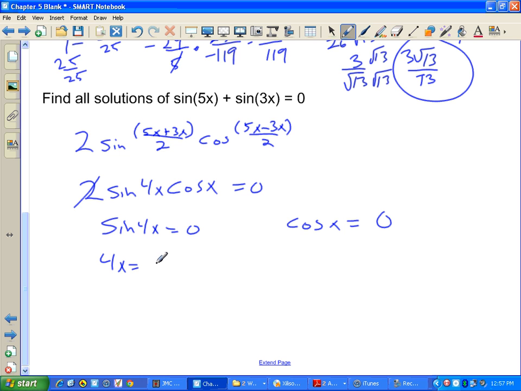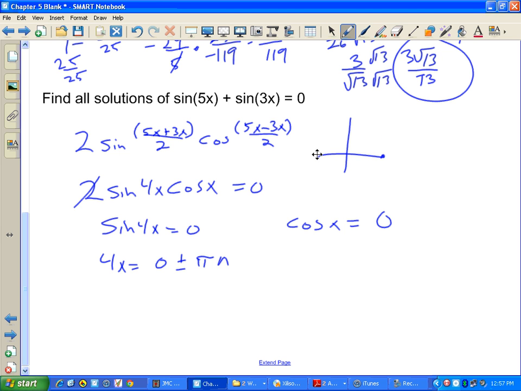Well, the sine inverse of 0 is 0 plus or minus pi n, because whenever I'm pi away from 0, I'll be back at a sine value of 0. Okay, and this comes from the unit circle, so I'm saying that this is a solution, because that gives me a sine value of 0.